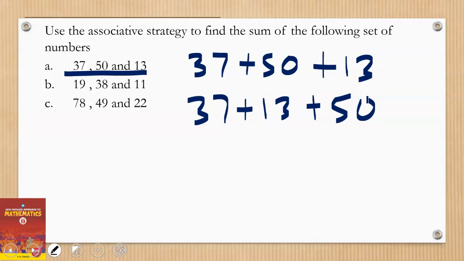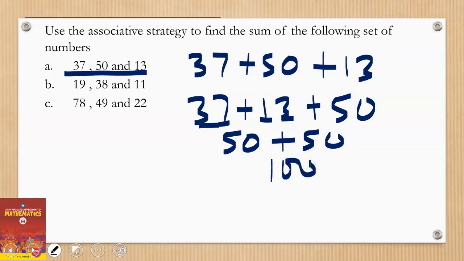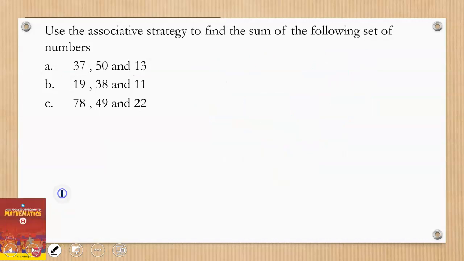Because with this, I can add 7 plus 3, which gives me 10, then 1 plus 3 gives me 4, and this and this will give me 50. Then plus the 50 here, and that will give me easily 100. But if I add this to this before adding this, it will be a bit difficult. But I can rearrange it and get the same answer, right?